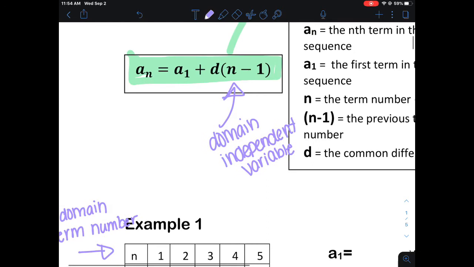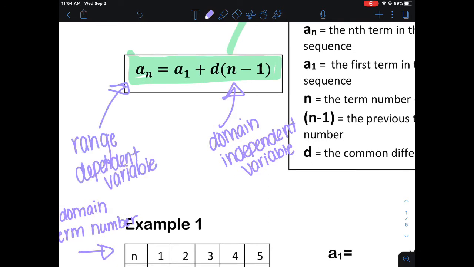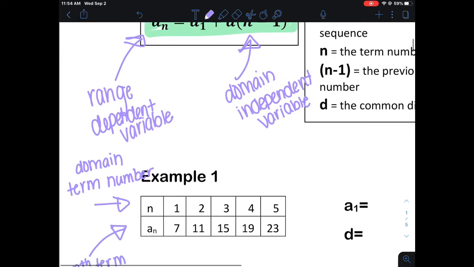So the dependent variable, and I'll write it up here again. Okay, so again, plug in the term number, the number in the sequence. We plug that in. That's our domain, our independent variable. What we get out is our range, our dependent variable, and it's the nth term of the sequence.